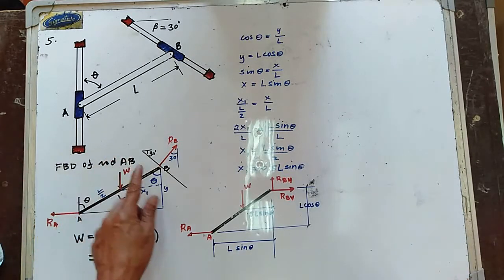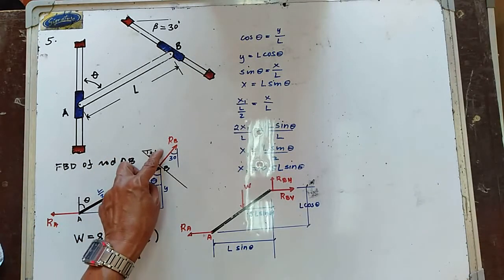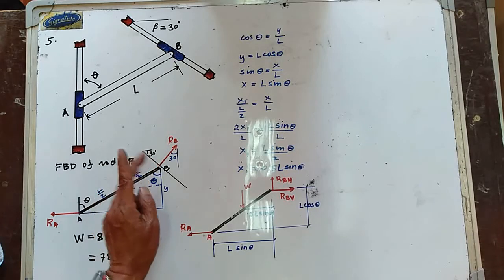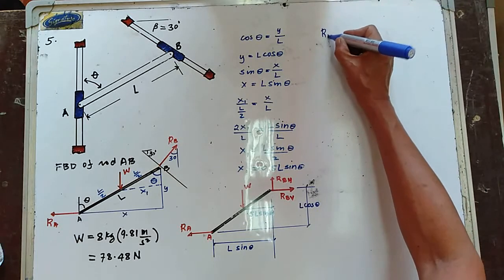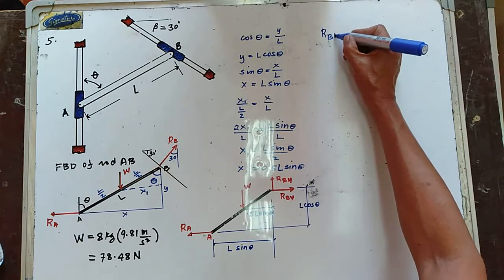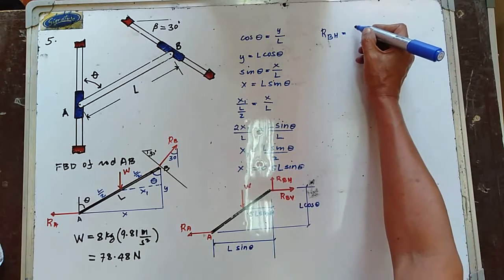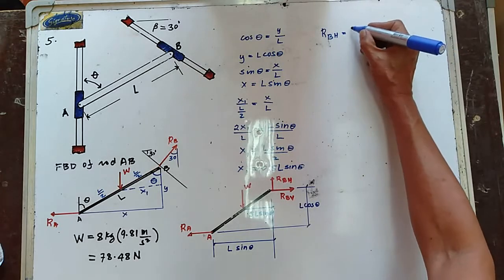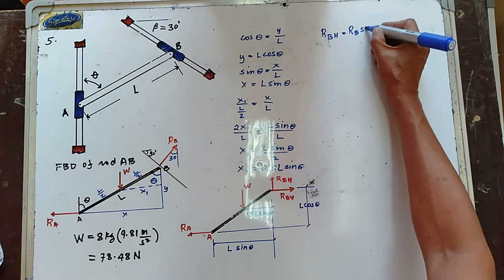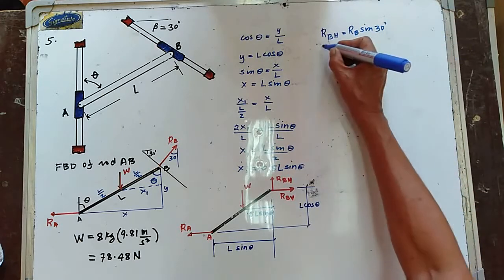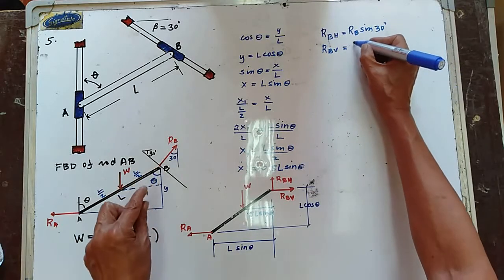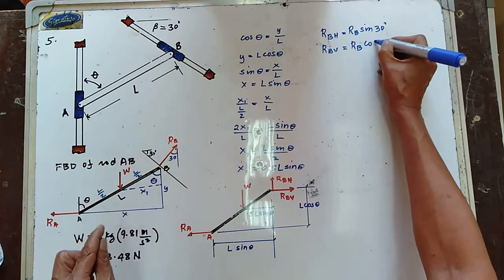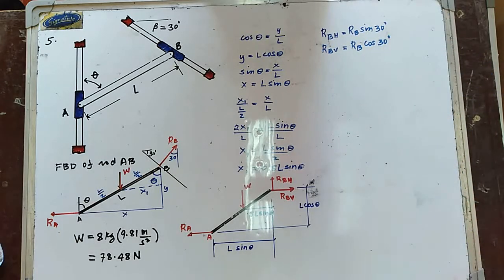Now, let us try to determine the horizontal and vertical components of the reaction at point B. So we now have your RB horizontal is equal to RB sine of 30 degrees, and your RB vertical is equal to RB cosine of 30 degrees.